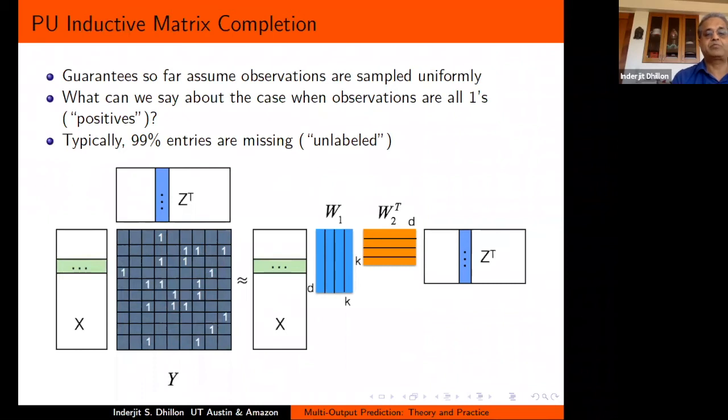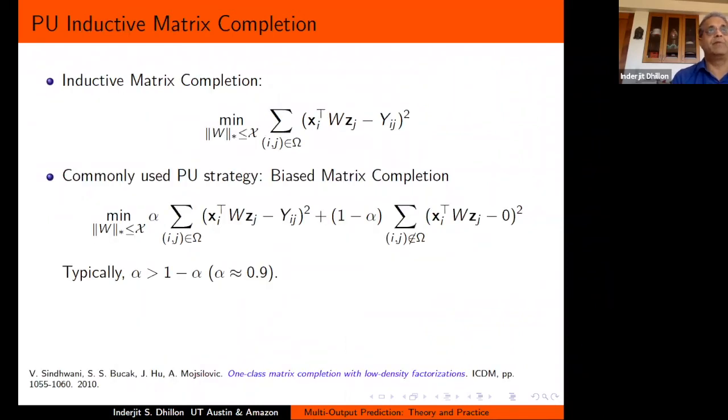So one thing that people have done, people have observed this problem empirically and said that instead of solving this inductive matrix completion problem only over the known values omega, we should actually take all the values into account, give a high weight to the known values and a much smaller weight to all the other values, with this belief that these are strong positives and these are weak negatives, but you are basically saying that everything else is a weak negative, right?